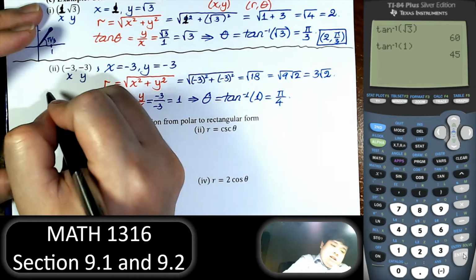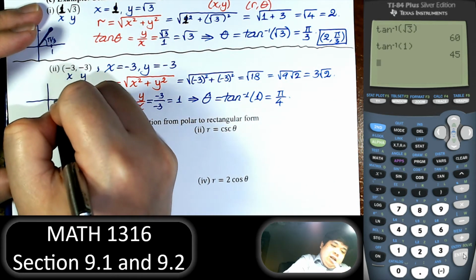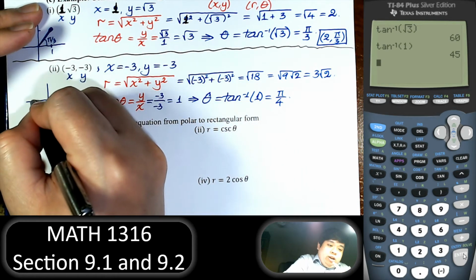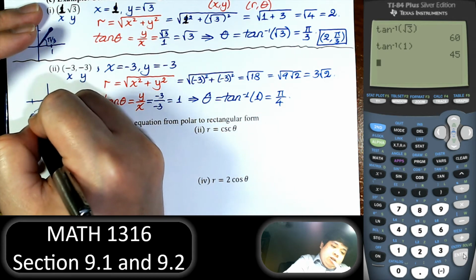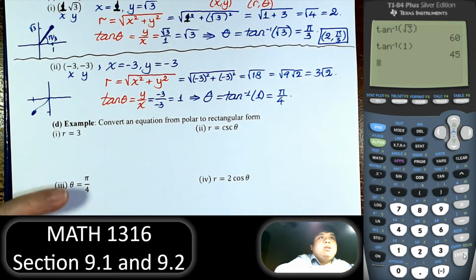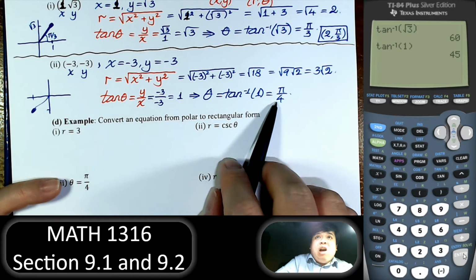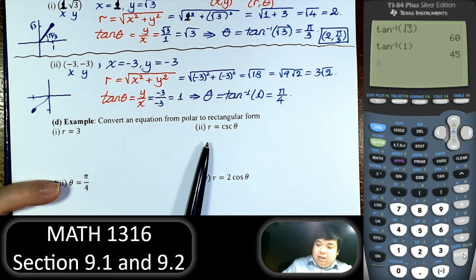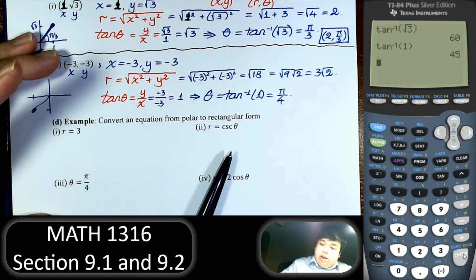Now let's check. -3, -3, so the point is here. However, we have the angle pi over 4, which is here, so it is not true, right?